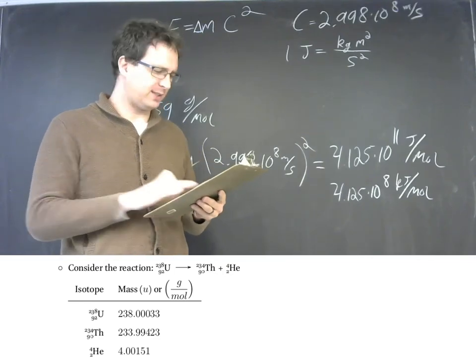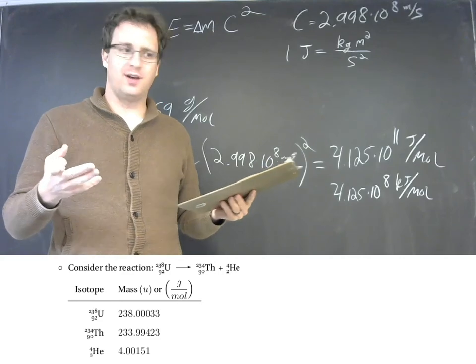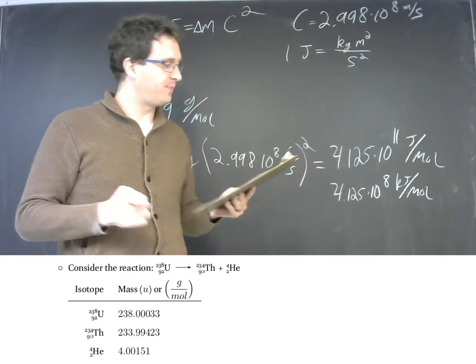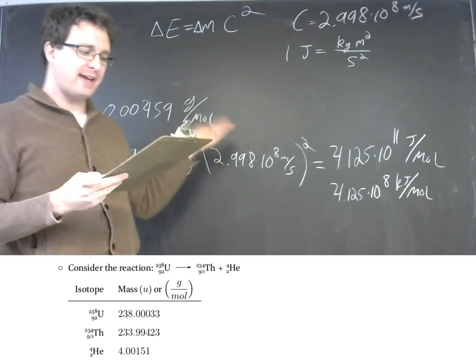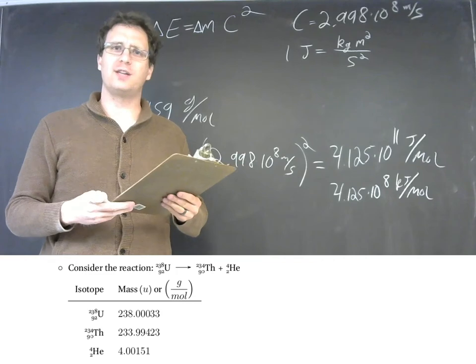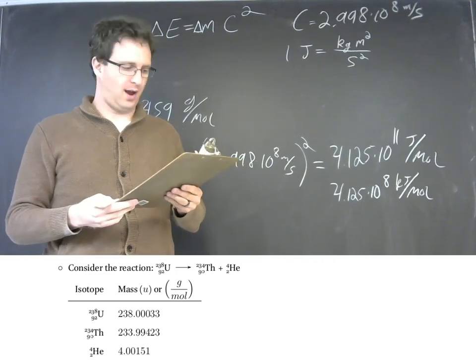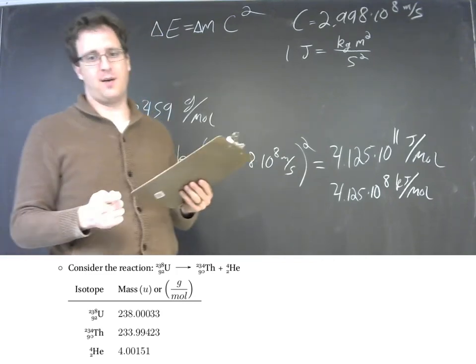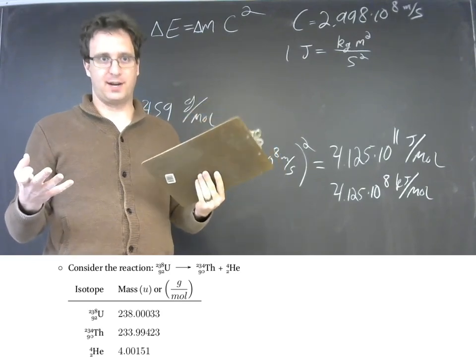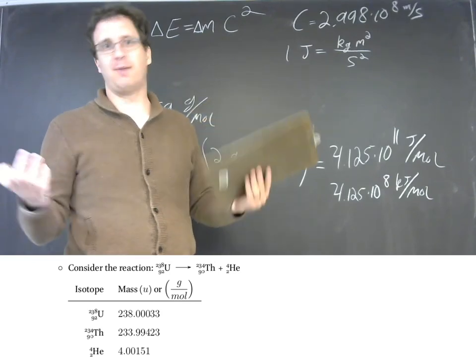I want to say that your textbook does what almost everybody does and describes this as mass being converted into energy. And I actually take issue with that. I want to contrast this sort of reaction with matter-antimatter interactions.